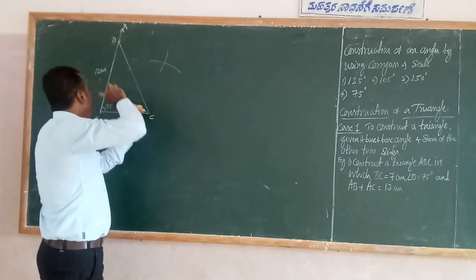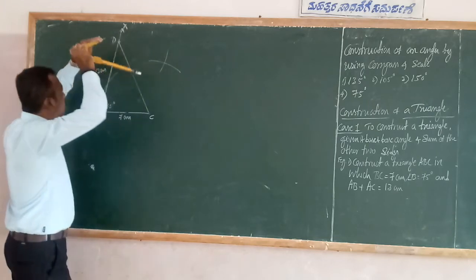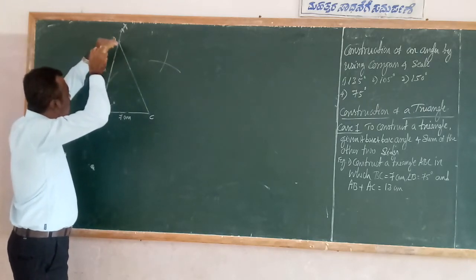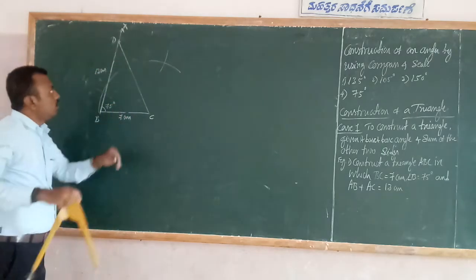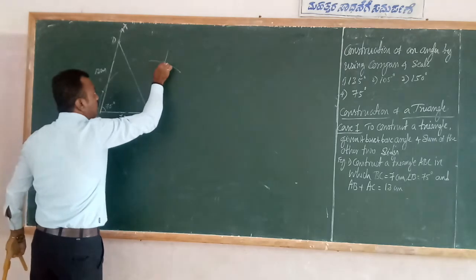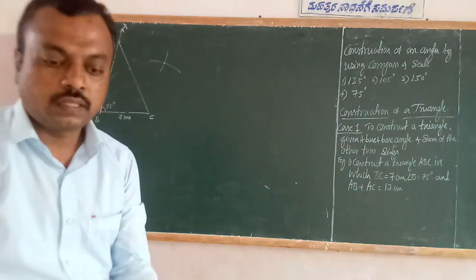Again come to this point, cut one arc, and here also cut the arc. Now these two intersecting arcs, this point we have to join by using a scale.